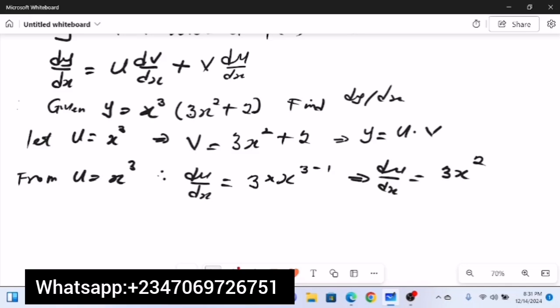We are going to employ the same thing to differentiate v. So from v equals 3x squared plus 2, we differentiate v with respect to x.